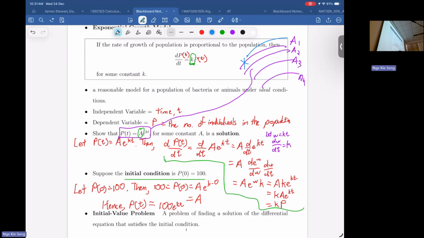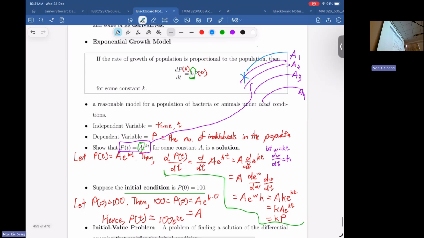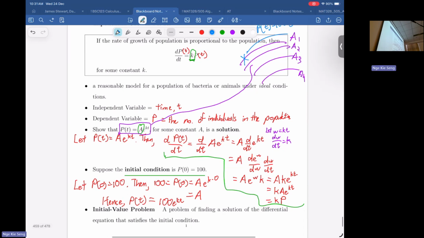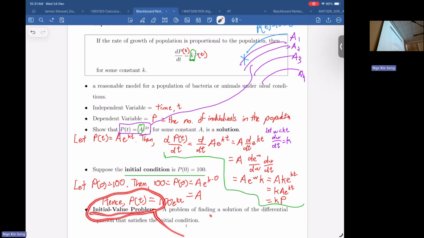So if you pick the initial condition for A1, then this path will be determined. For example, in this case we get P(t) equals 100 e to the kt. So an initial condition is like picking one of the solutions. This leads to what we call the initial value problem, where I tell you what happens at the initial time.